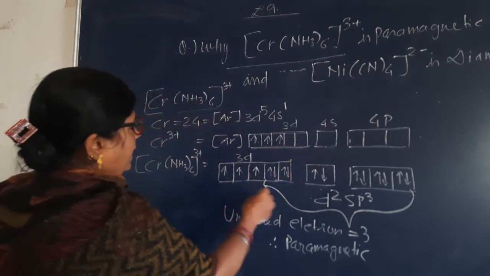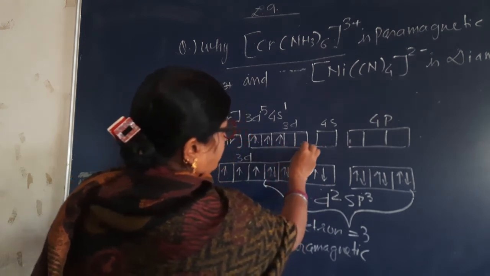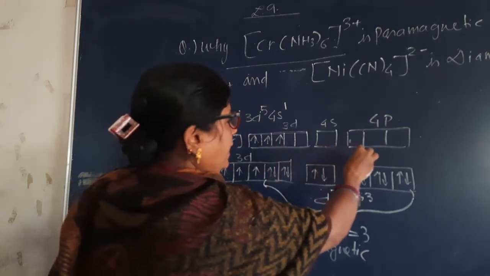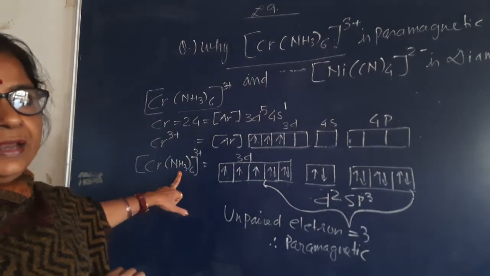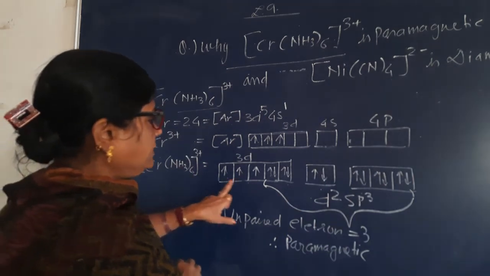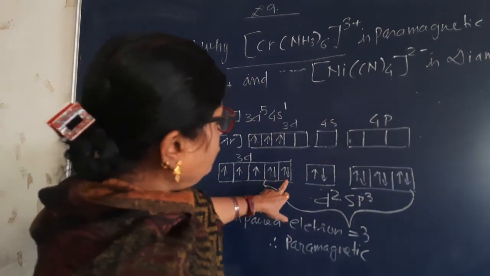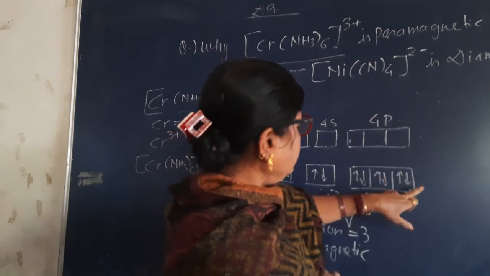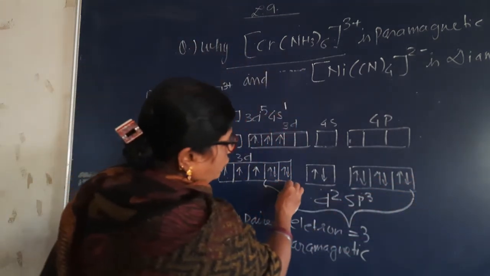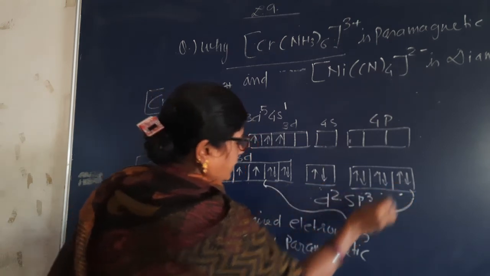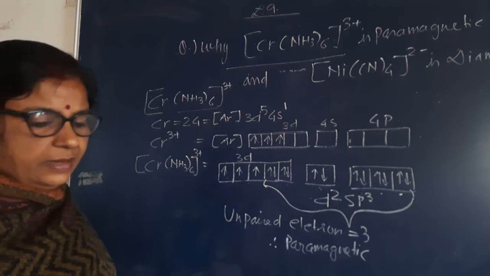It will be written as 1, 2, 3, and now 2 d orbitals will be vacant, 4s and 4p. So we will write here 6 ligands are there. So 6 ligands will be adjusted, giving 6 pairs of electrons: 1, 2, 3, 4, 5 and 6. It will become d2sp3. Unpaired electrons are 3, so it is a paramagnetic compound.